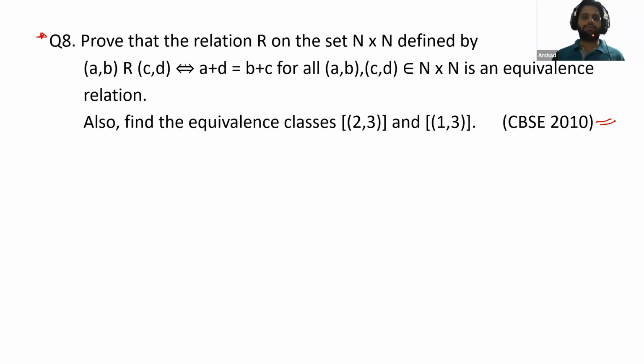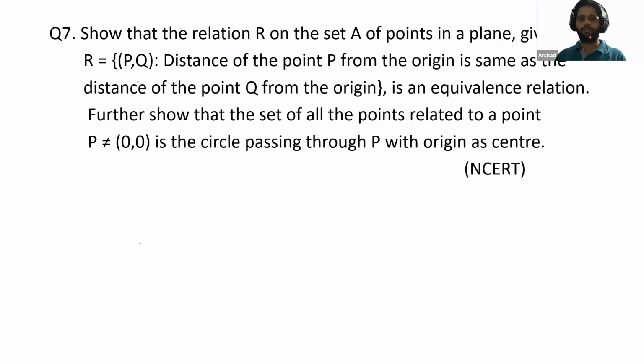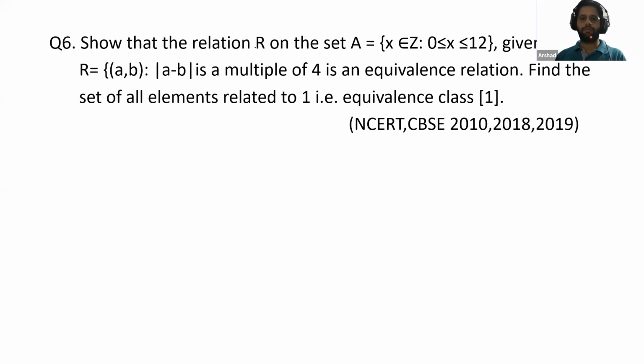So what is the question? Prove that the relation R on the set N cross N, defined by this, is an equivalence relation. First we need to understand why they have taken two ordered pairs. If we check this question here, we have a single set A, and in the relation they have taken just a single ordered pair.